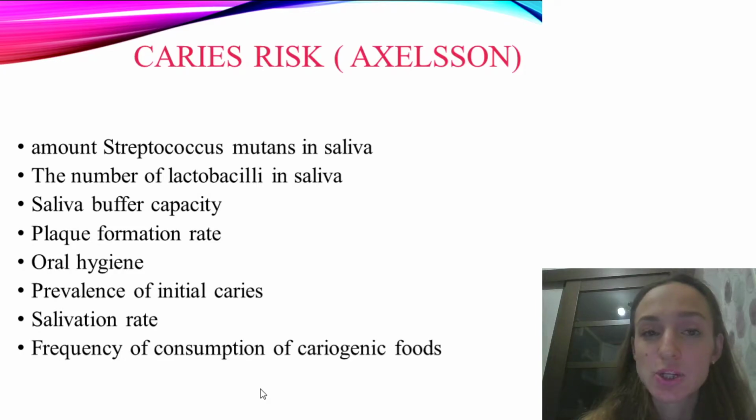About plaque: there are three stages of formation of the dental plaque. First stage, it is an organic film or pellicle that appears on the enamel surface. Glycoproteins and other saliva proteins make the basis of building the pellicle. The process takes from several minutes to several hours.